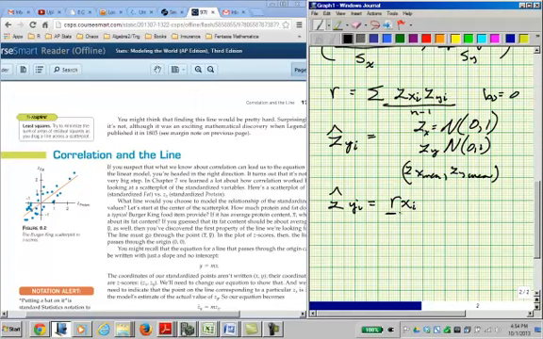Not at the heart of, it is the slope of the line of best fit of the z-scores of the data.